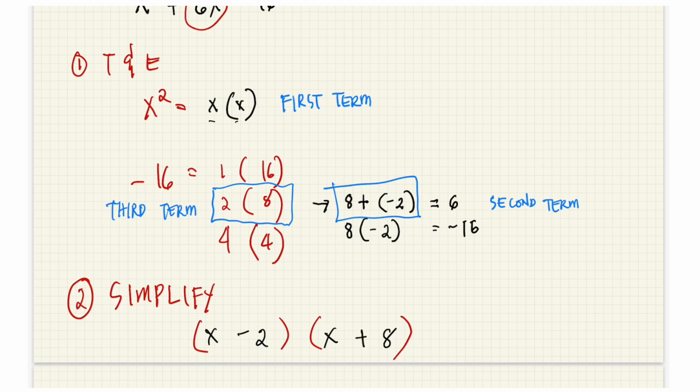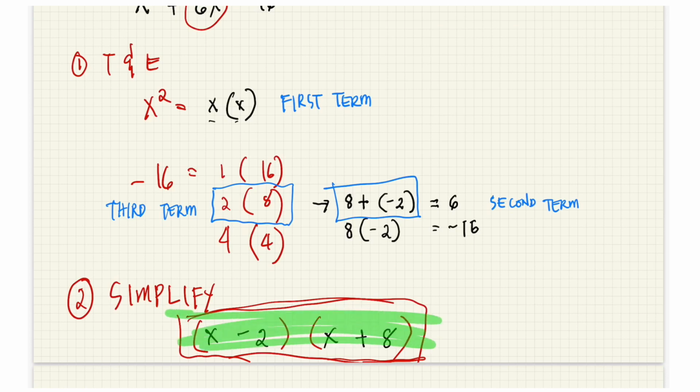So our binomial is this. This is now the factor of x squared plus 6x minus 16.